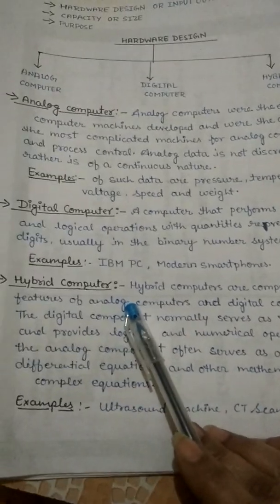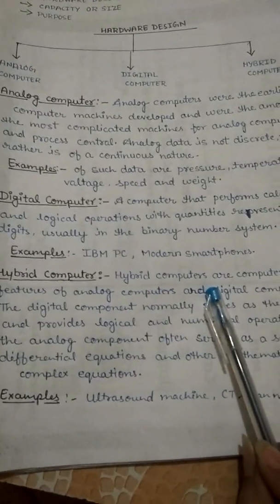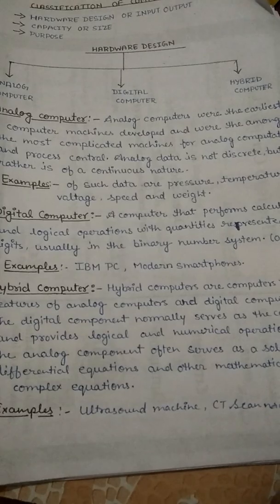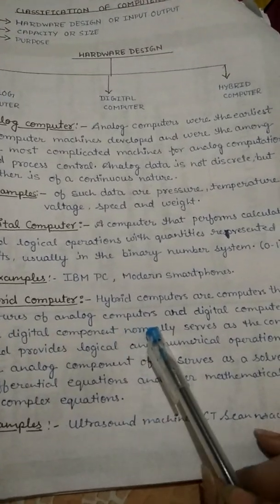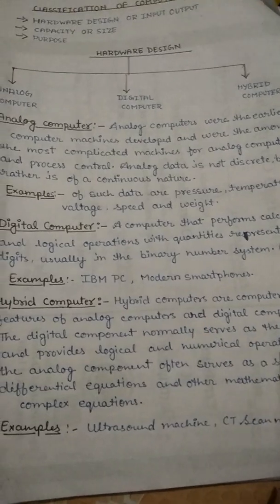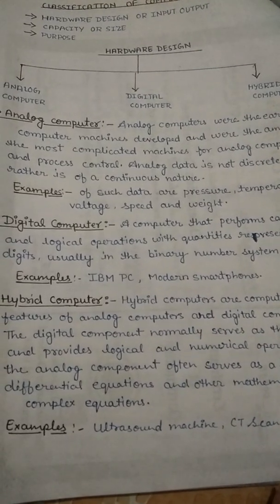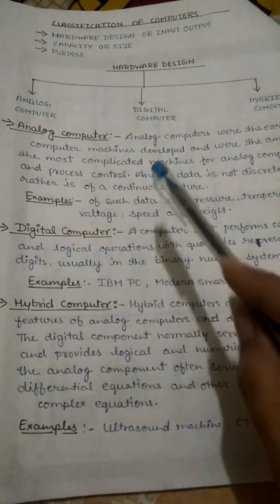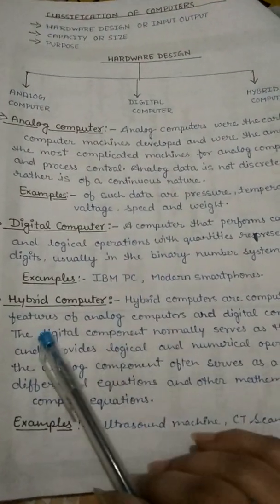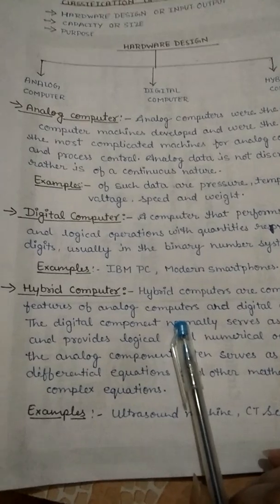Now next one, hybrid computer. Hybrid computers are computers that have features of analog computers and digital computers. Both digital features and analog features are combined in the hybrid computer.